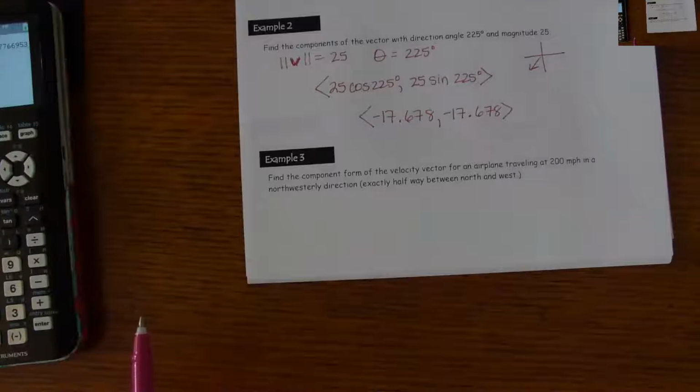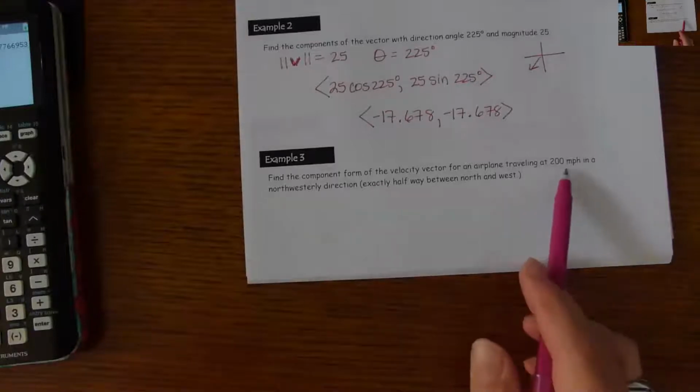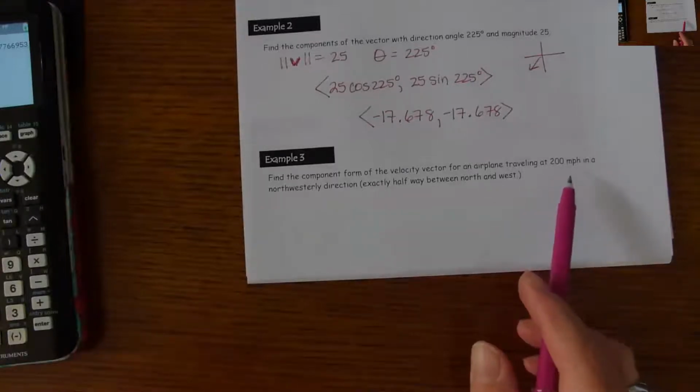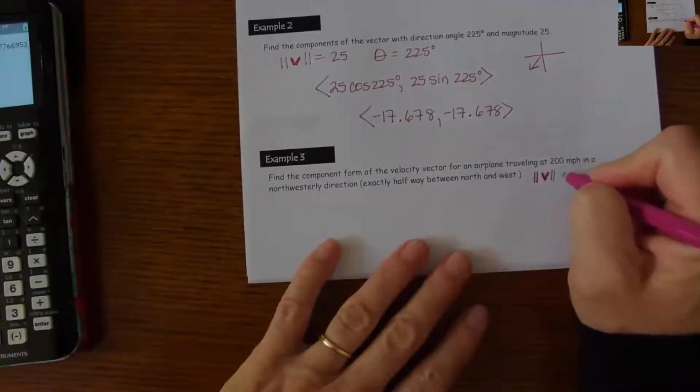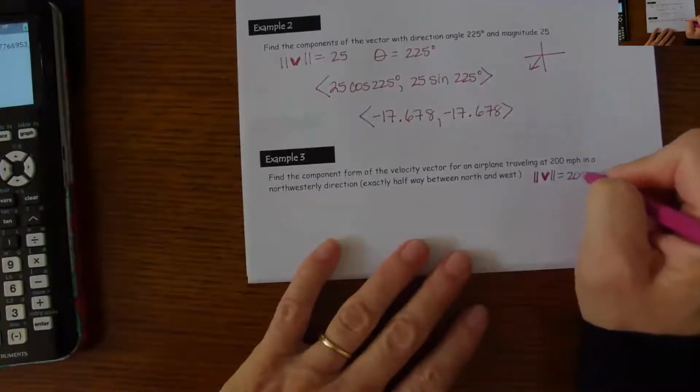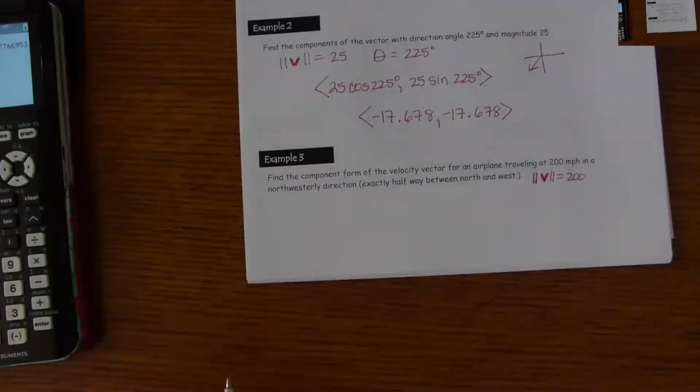Find the component forms of a vector. Oh, what's 200 miles per hour? Is that my angle or my magnitude? Magnitude. So I'm going to do my skinny little bars with my bold V. In a northwesterly direction. Oh, I have to figure out which way that is.